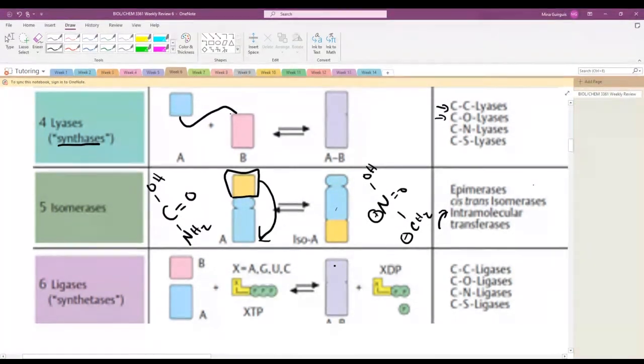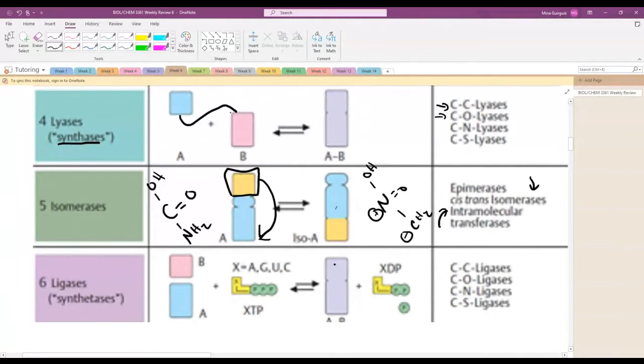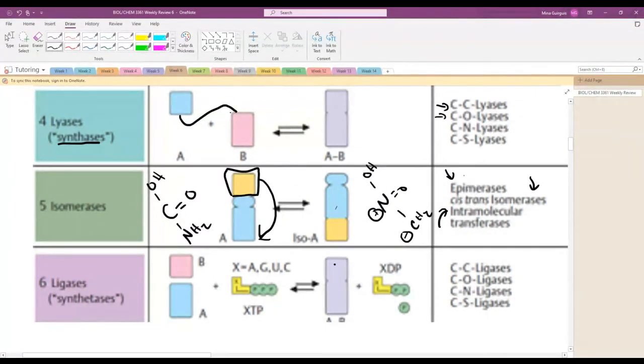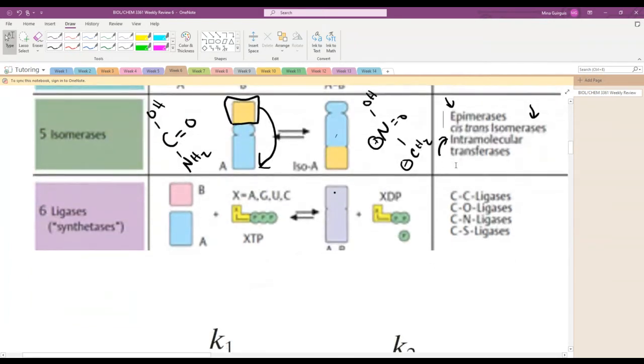If you want to think of cis-trans isomerases, which you talked about in OChem 1 and a little bit in OChem 2, if I remember correctly, you can. Epimerases, you're going to talk about with the pentose phosphate pathway in, I think, Unit 3 of this class. So that's coming up, and we can talk about that. Yeah, so those are some examples.